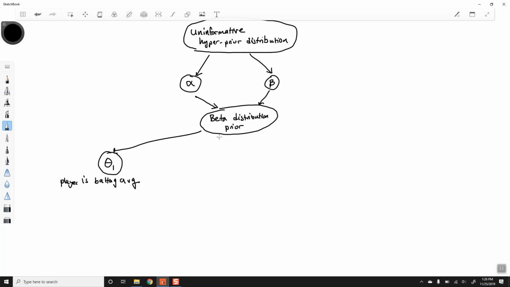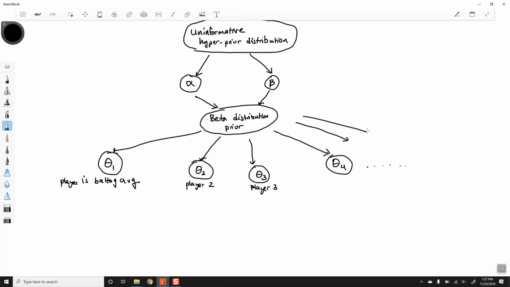And from this beta distribution, we'll also draw theta 2 for player 2, and we'll also draw theta 3 for player 3, and so on and so forth. For however many players you need, you'll just keep drawing.